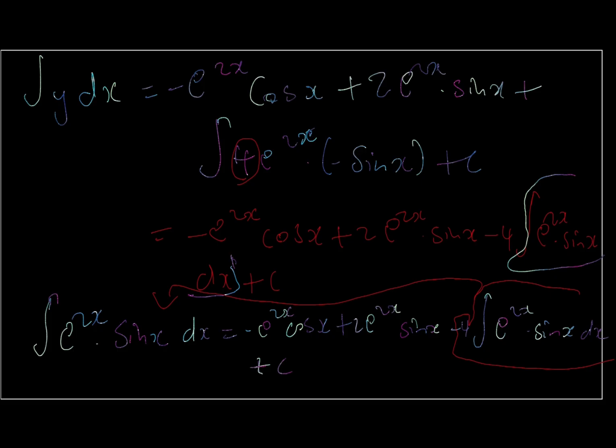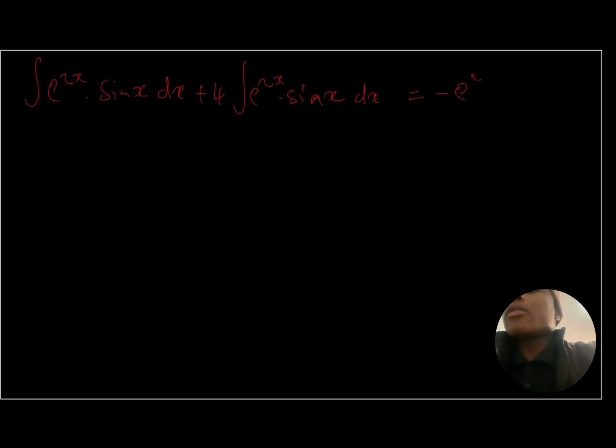Because they are identical to each other. Therefore, we're going to say integral of e to the power 2x times sin x dx plus, because it's negative on that side, it will become positive, dx is equal to negative e.